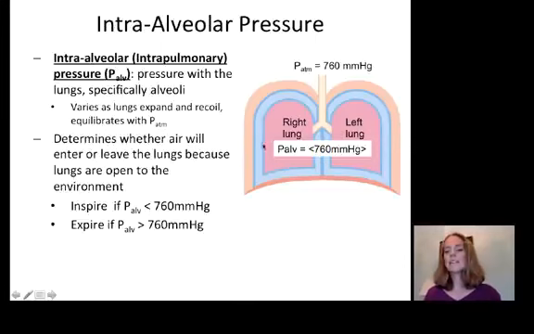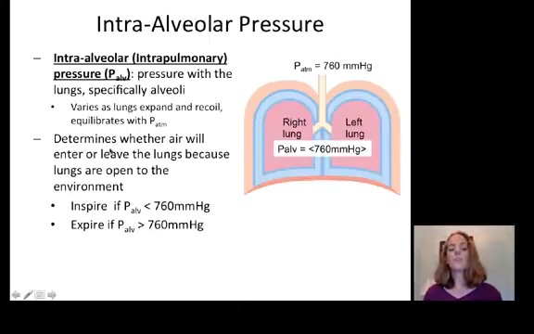The pressure inside of the lungs is then going to equilibrate with the pressure in the atmosphere. So it's going to be plus or minus 760. It's going to vary as the lungs expand, as the diaphragm and external intercostal muscles contract, and then as the lungs recoil and it goes back down.